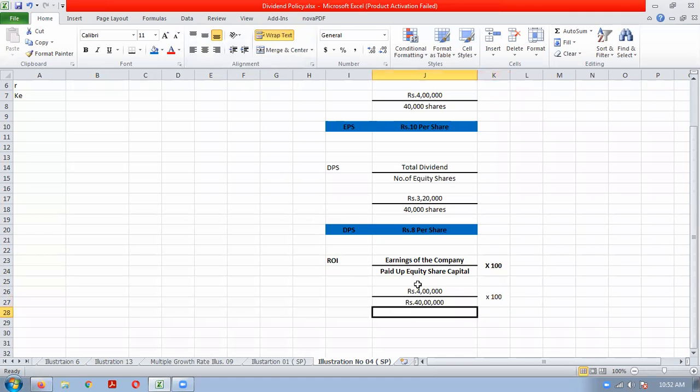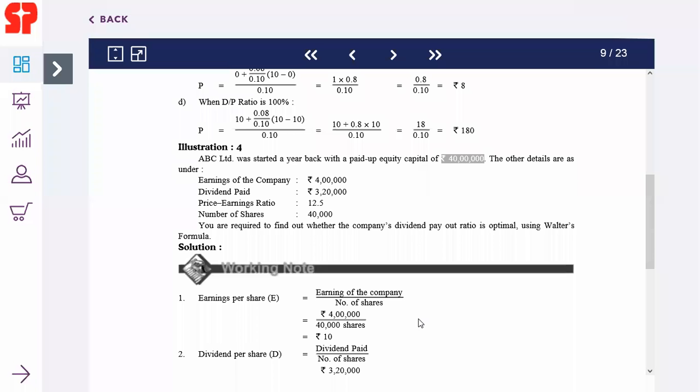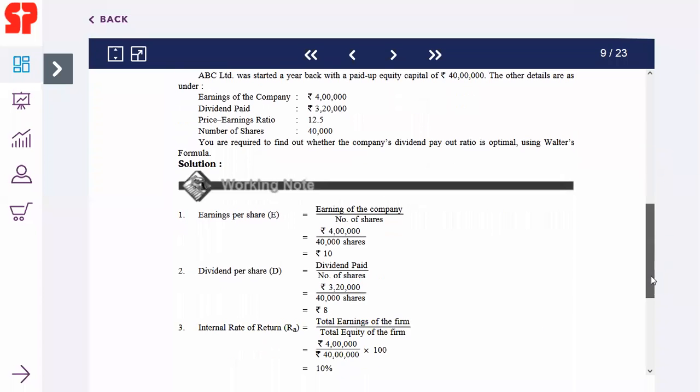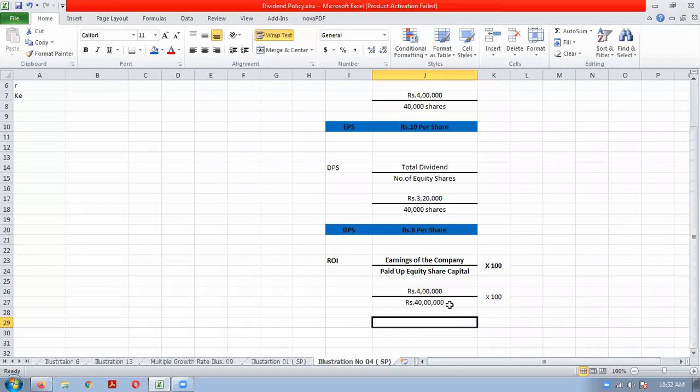So anybody calculate this: 4 lakh divided by 40 lakhs into 100. How much will it be? 10 percentage. So your return is 10 percentage.